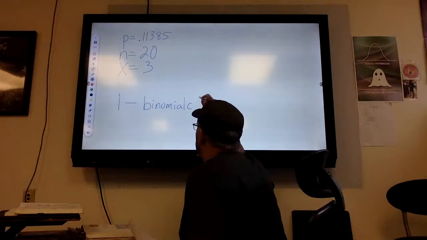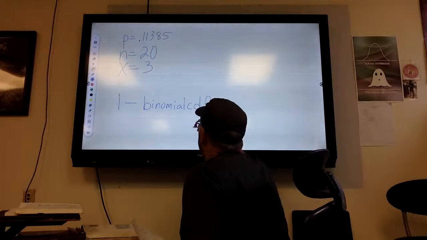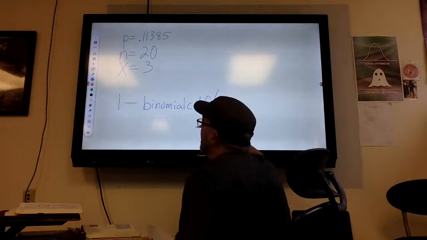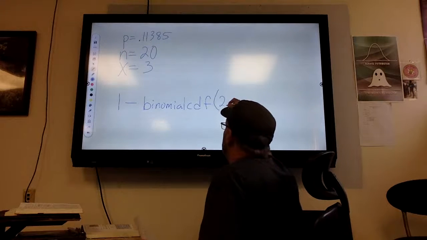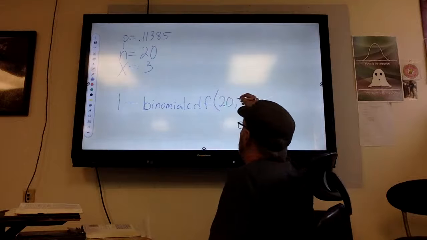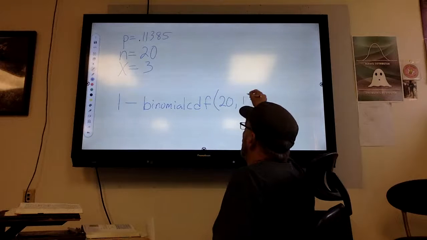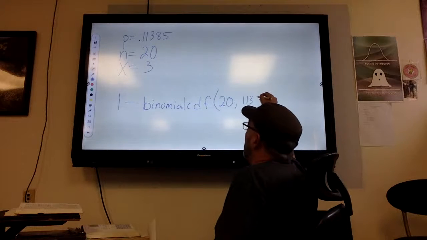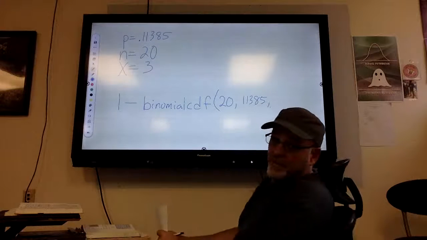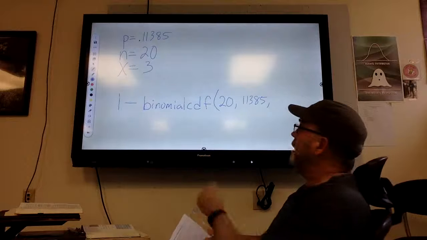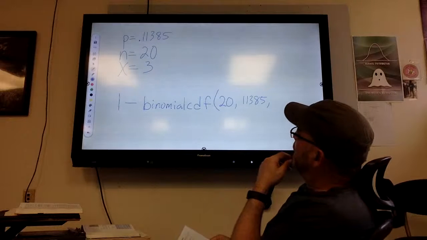Binomial CDF cumulative, and that is N, P, X. So N would be 20, comma P 0.11385, comma. Now, here comes the most difficult part of this problem: where do you want it to stop?